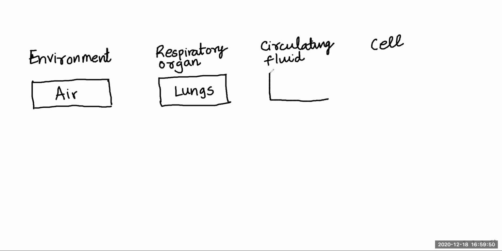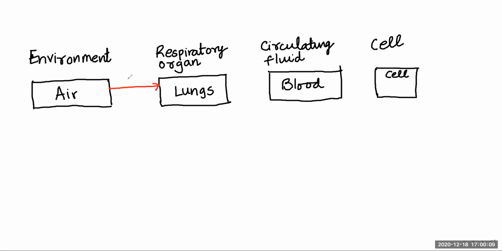Then there is circulating fluid, say blood, and this blood will carry it through capillaries to the cell. So how does it work? The lungs will pick up oxygen from the air, then the lungs will give oxygen to the blood. This blood will carry oxygen to the various cells.